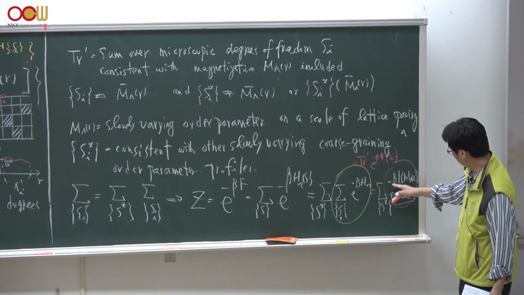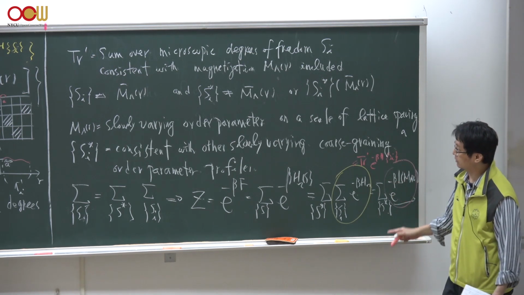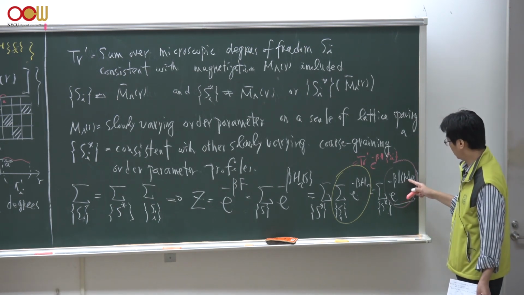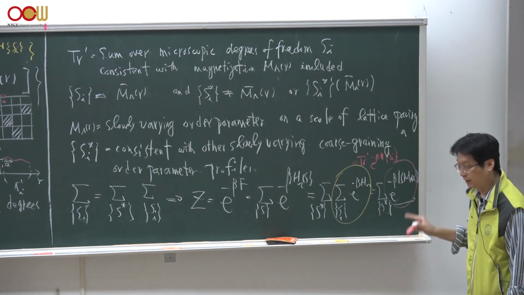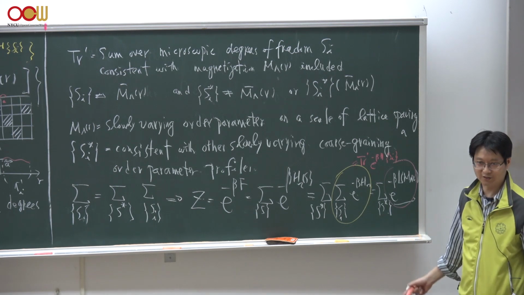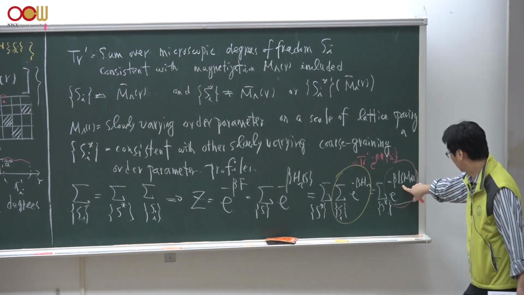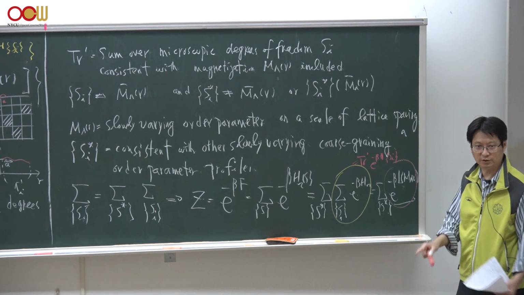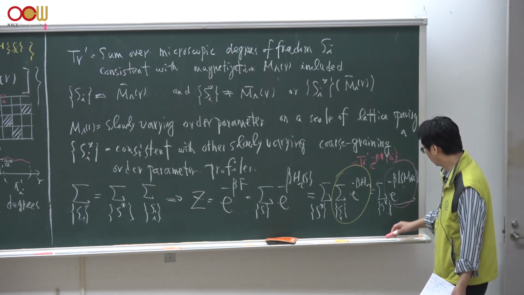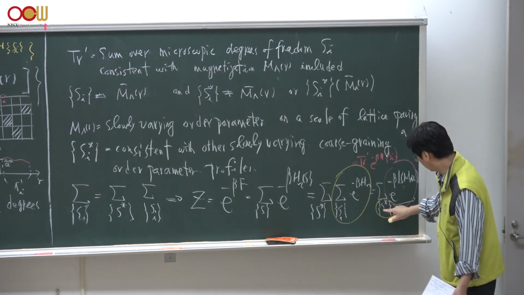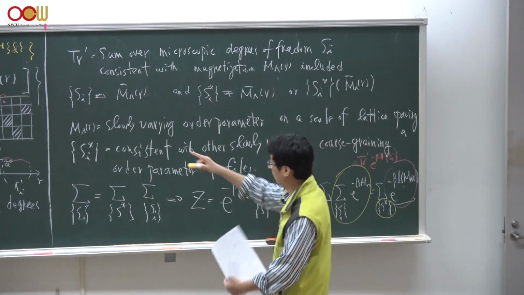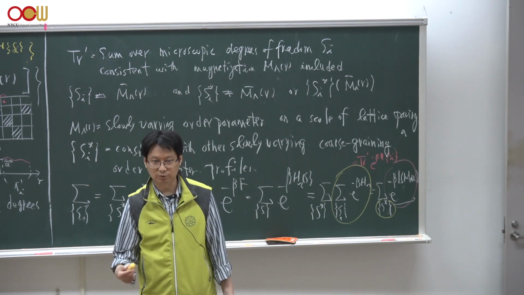When I write e to the minus beta L, I mean that I already defined the partially traced block spin for each of these blocks, but I have not summed over the entire blocks. I only defined my Landau free energy within each of these block spins. When I sum over all the blocks, I mean I should sum over S star. The S star refers to all the independent blocks that remain to be summed.